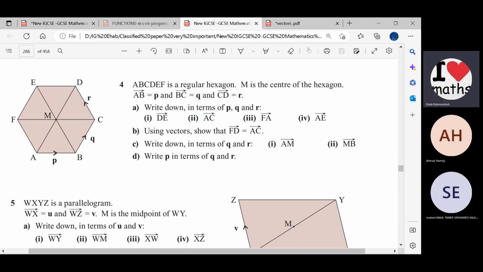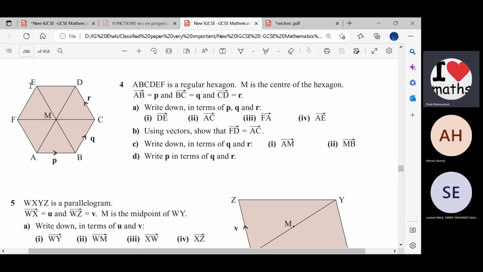You have from A to B as the vector P. From D to E, it's the opposite direction, but are they parallel or not? Parallel, and what else? Equal. If they are parallel and equal, we can express it by using the same vector.